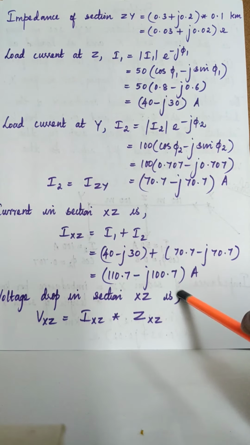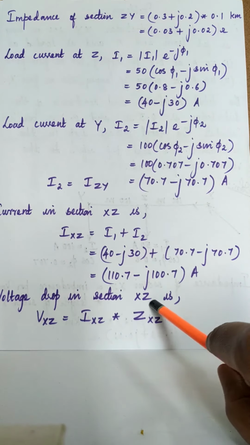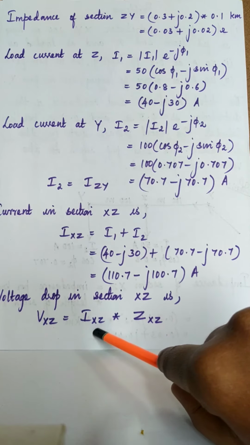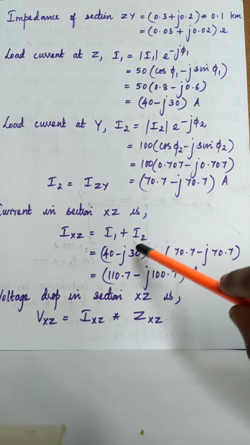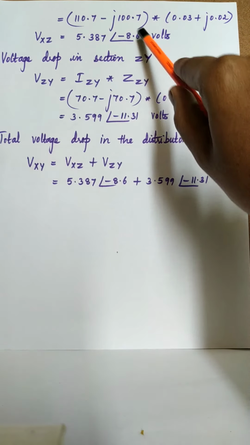Now calculate the voltage drop in section XZ. The voltage drop in section XZ is equal to IXZ into Z, the current into the impedance of that particular section. We have the current and we have the impedance also, so substitute and get the answer.